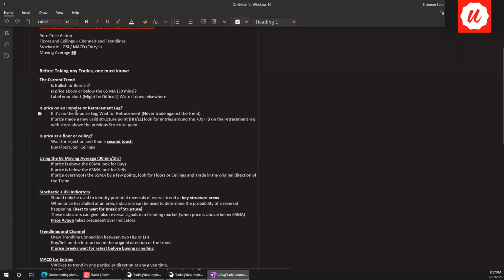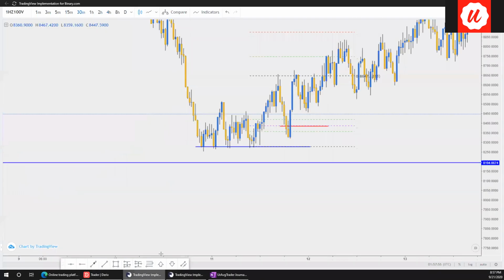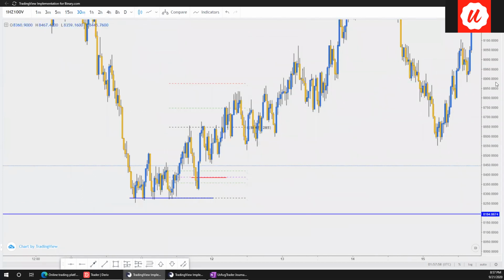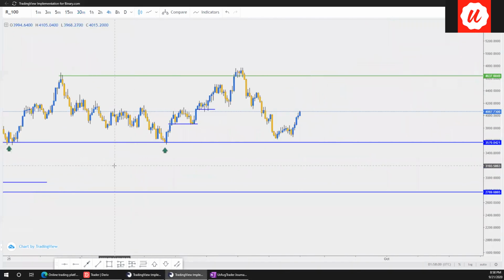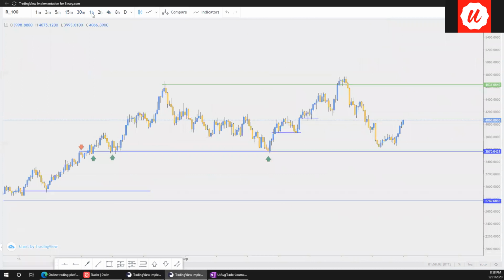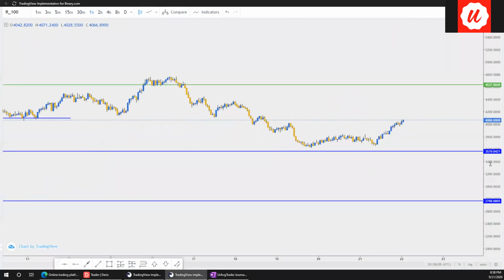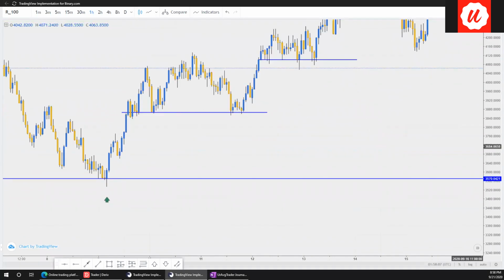And I remember telling you, if price is at, you don't know about floors and ceilings, right? But for this one, it's unique. So if price is at a floor or a ceiling, you wait for a rejection and then a second touch. The second touch is very important when it comes to this. And you buy floors in a bullish market and sell ceilings in a bearish market. We know that. So on R100, when you come out to the floor, right?